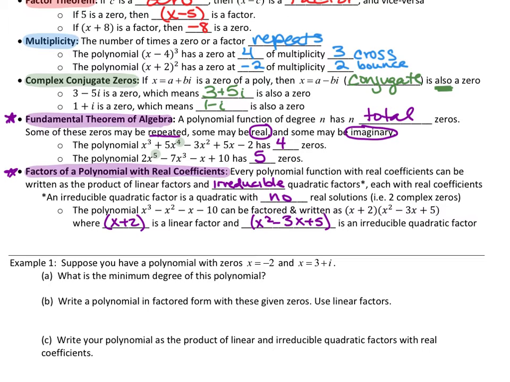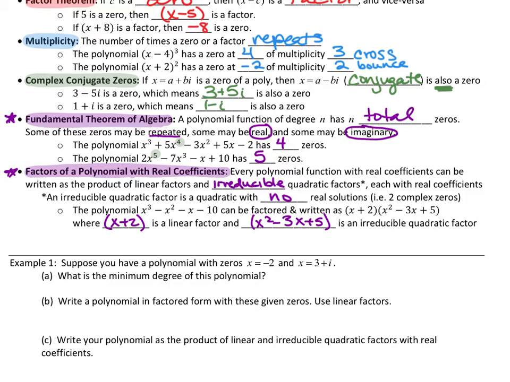If we tried to factor and solve, or even use the quadratic formula, we'd end up having imaginary solutions. Now remember, every imaginary zero has a pair, so we should have two imaginary solutions when we have an irreducible quadratic factor. They always come in pairs.